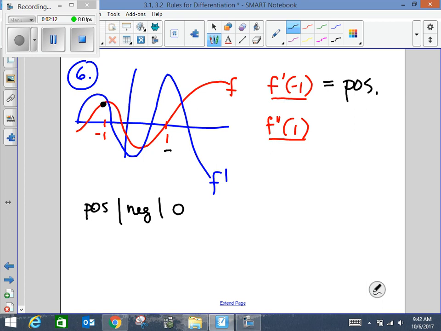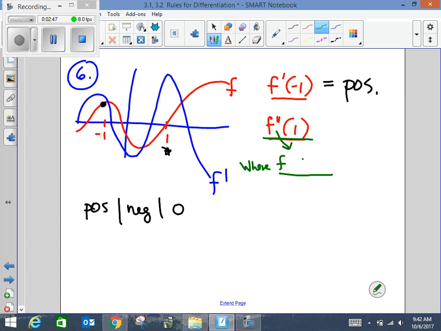Okay. All right. Then f double prime of 1. So here's 1. Okay. f double prime of 1, let's look at f. What's going on with f when f double prime is positive or negative?